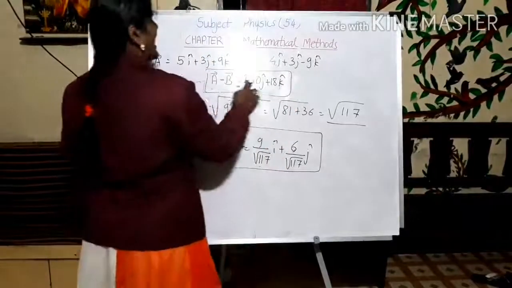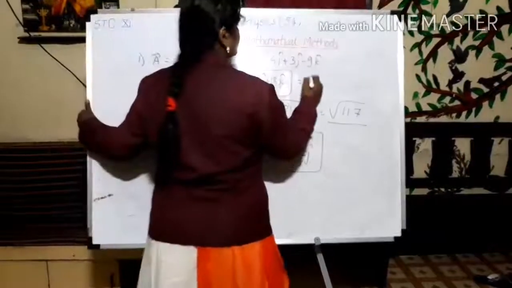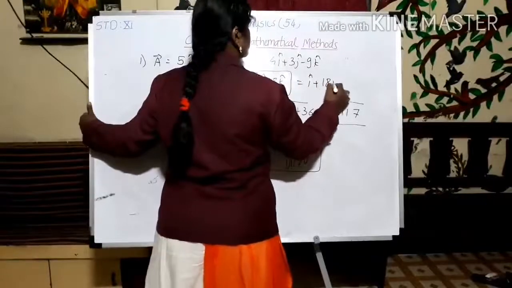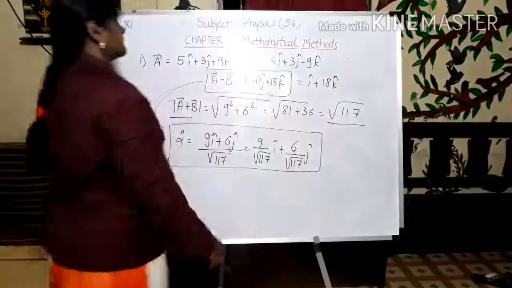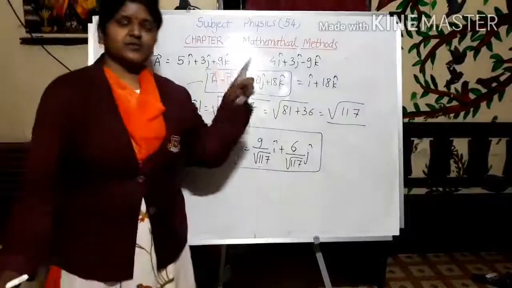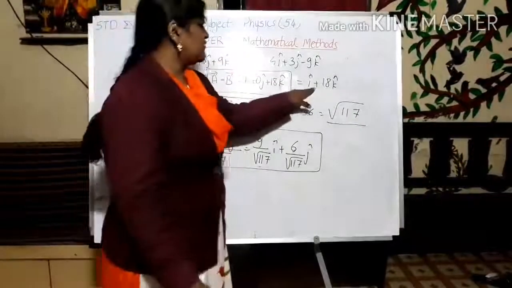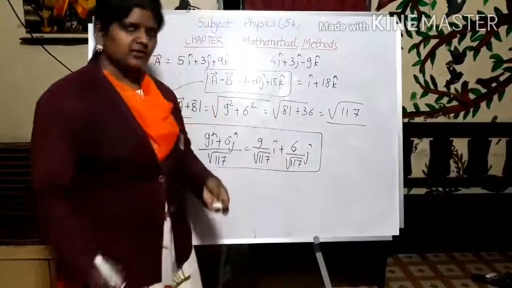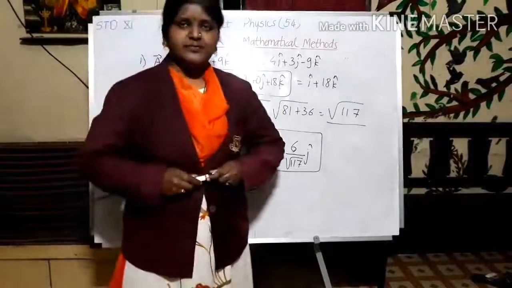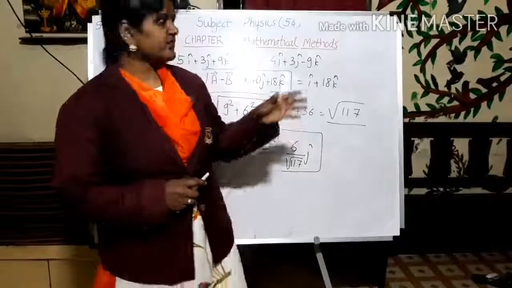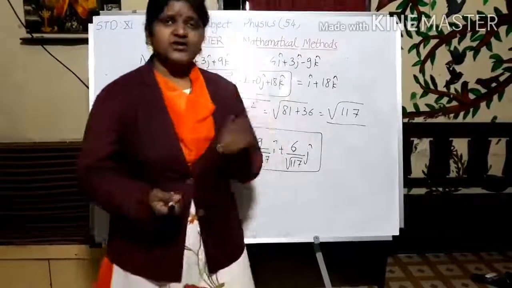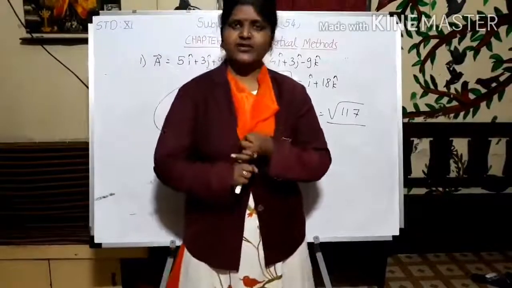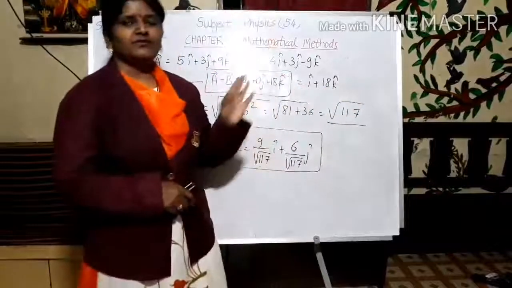So I got i plus 18k. This can be written as i bar plus 18k for the subtraction. Again you can find the magnitude and unit vector of the same in a similar manner. So this is a very easy one, if you understood the concept of resolution of vectors and unit vector.